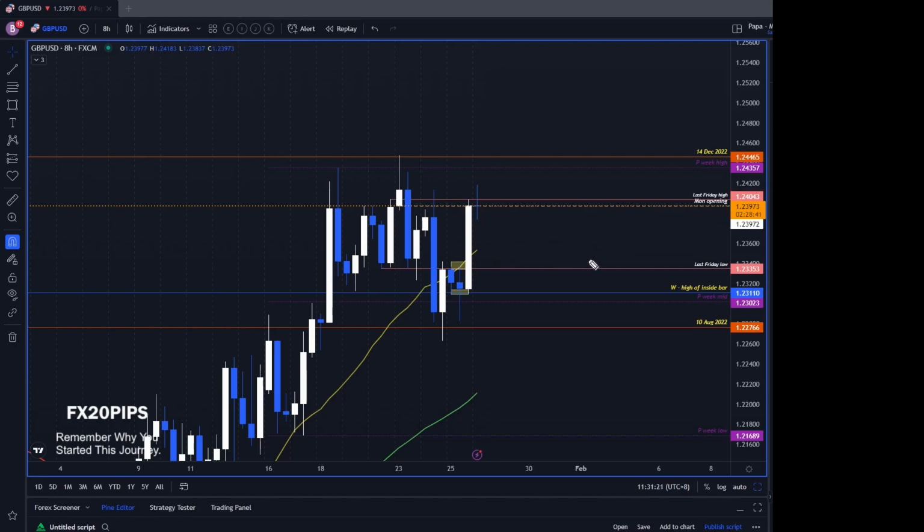Of significant support and resistance, we are still above the weekly high of the inside bar. Price tried to close below, shot back up. Two attempts to go back below the weekly high of the inside bar, and price is now back above here, approaching the previous weekly high.